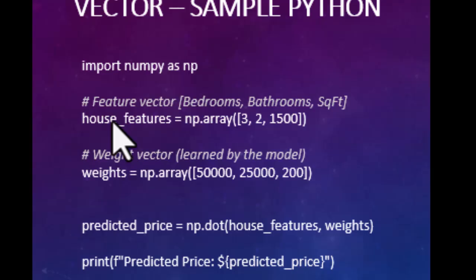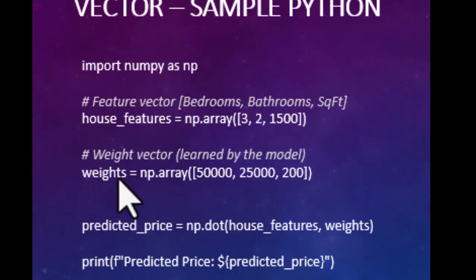So anywhere we see house features, it's the vector that contains the 3 features: bedroom, bathroom, and square footage. So this is referred to as the feature vector, which holds the input information.